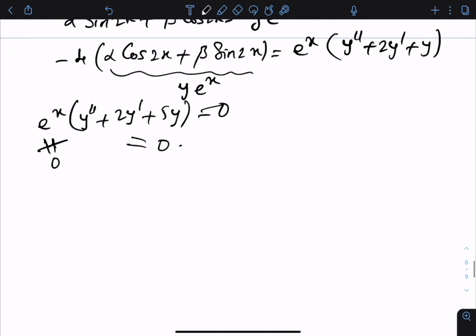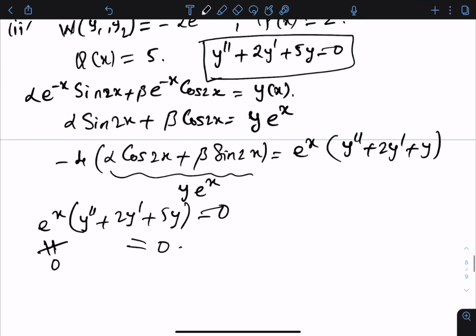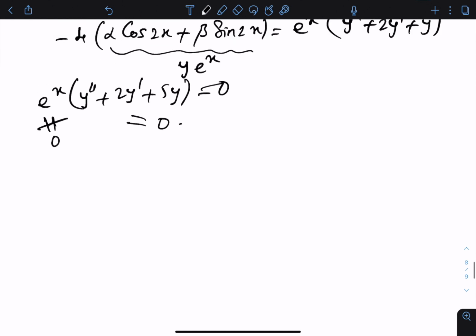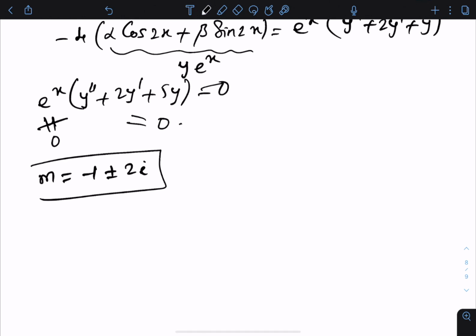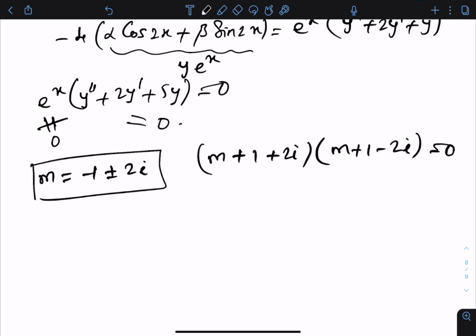The other technique, as I said, because this turns out to be a constant coefficient ODE: if you look at these two functions, you know that they come from the complex roots m equal to minus 1 plus or minus 2i. The characteristic equation for which these are the roots comes from (m plus 1 plus 2i)(m plus 1 minus 2i) equal to 0.